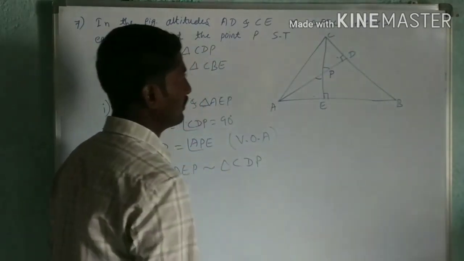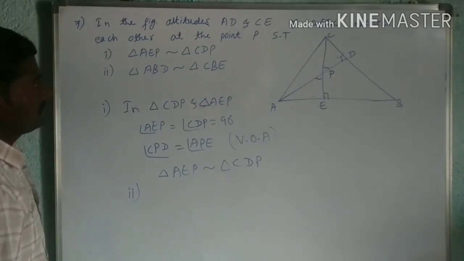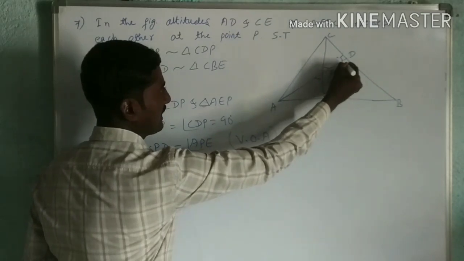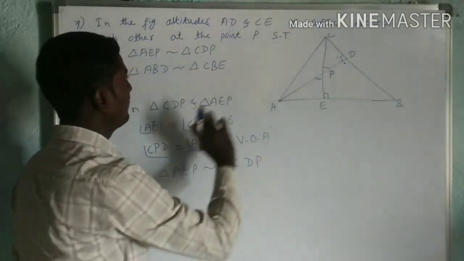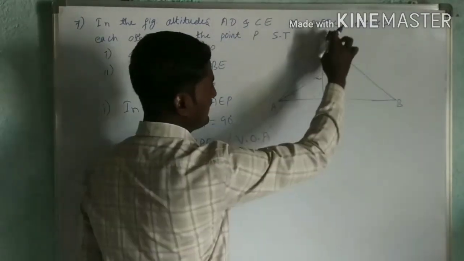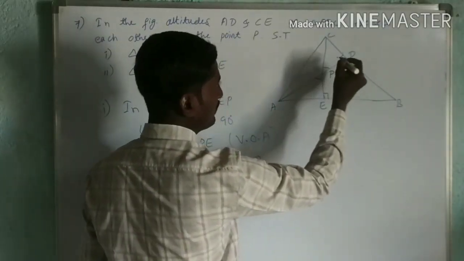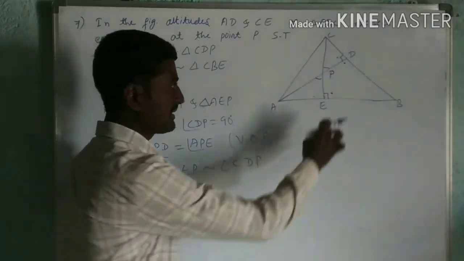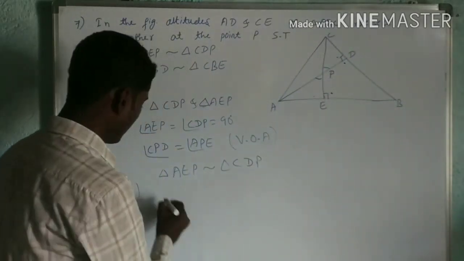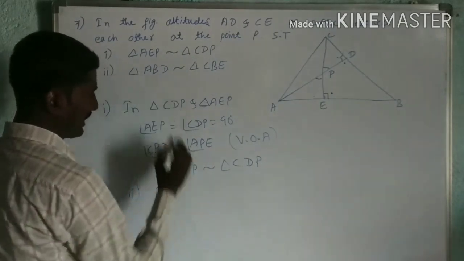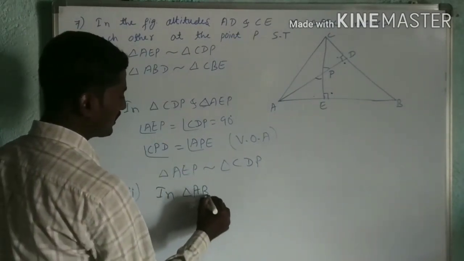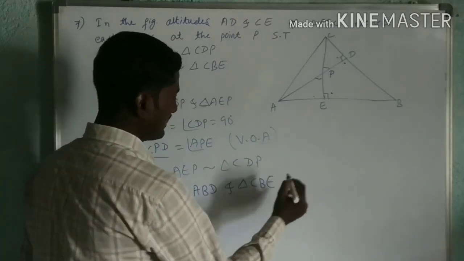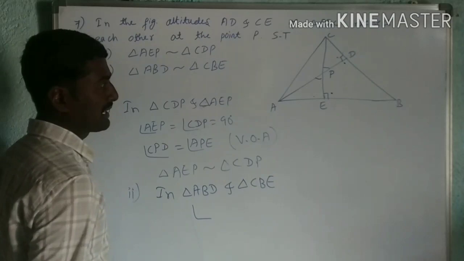Now in ABD, this angle is 90 degrees, and in CBE, here is 90 degrees. So I got one angle: this angle and this angle are both equal. First I will take triangle ABD and another triangle, CBE. In these two triangles, two angles are equal.